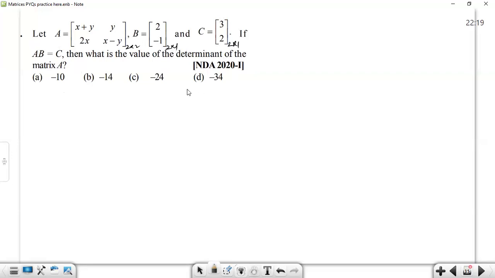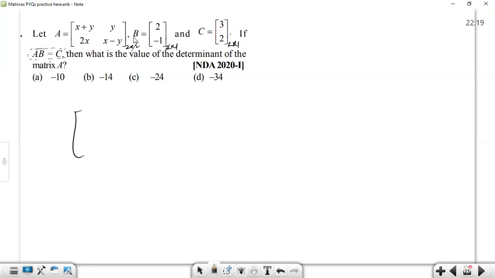Okay. So here some condition is given, so we cannot randomly assume any value of X and Y. We'll go methodically and we'll multiply A, B. So this is a 2 by 2 matrix, this is a 2 into 1 matrix. So 2 into 1 will be the answer.